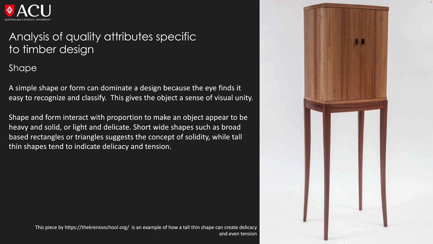But because of the way this is laid out, it sort of works on the vertical plane. It does create this sense of delicacy, but also there could be some tension there as well, in the sense that it might look like it could fall over or it could be unstable. That can be sometimes a positive, sometimes a negative. It depends.